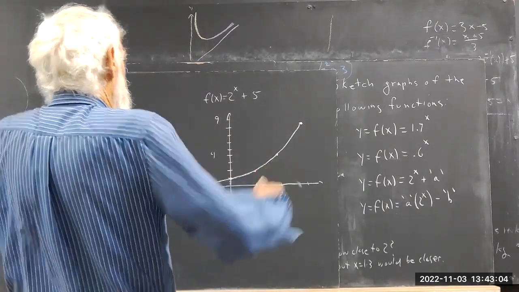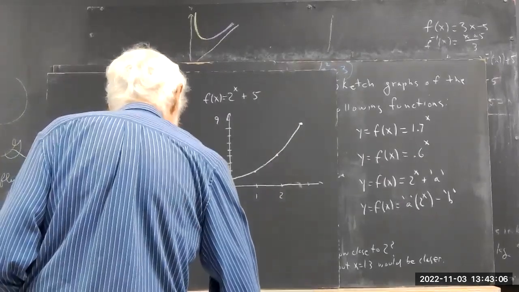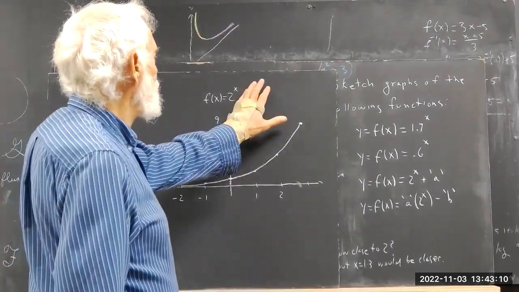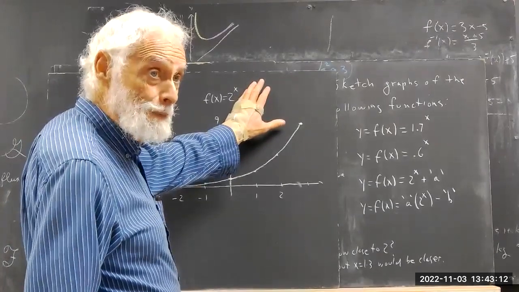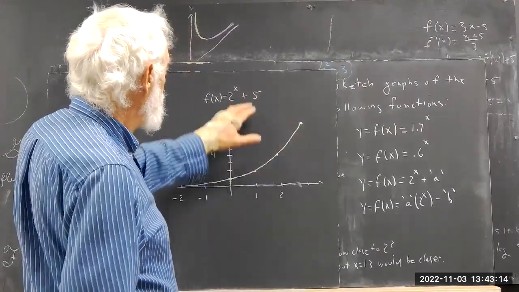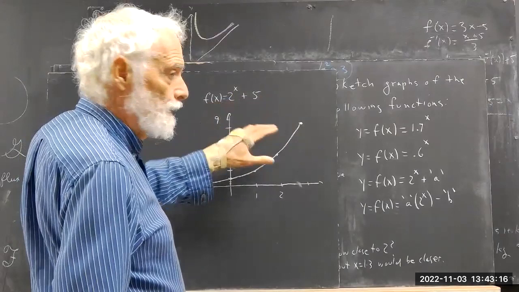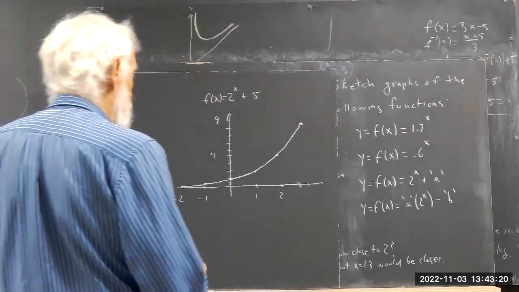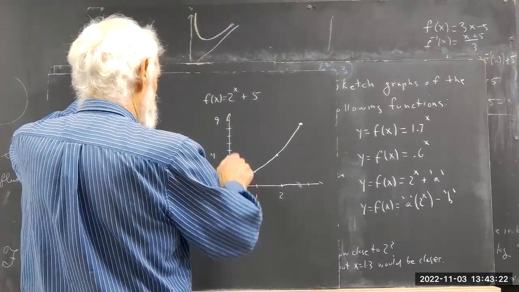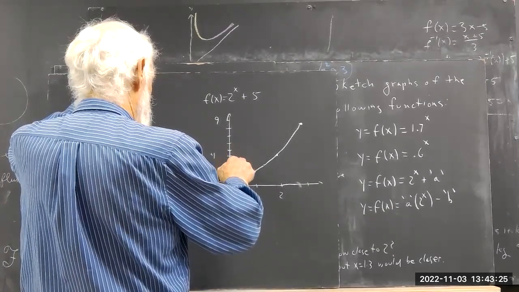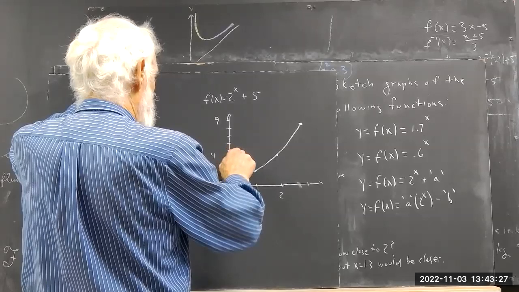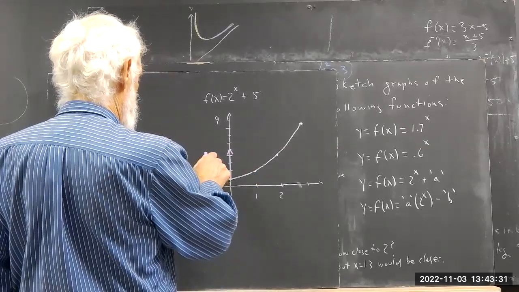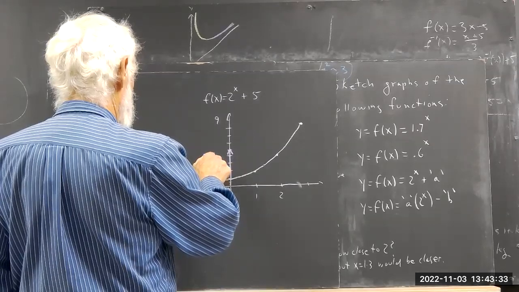Okay. Now, what are we going to do now? We're going to raise every point of the graph up 5 units, because we start with y equals 2 to the x. It's going to be this. If we do now y equals 2 to the x plus 5, all our y values become 5 greater. So we raise this point up here. And there's an arrow of length 5.